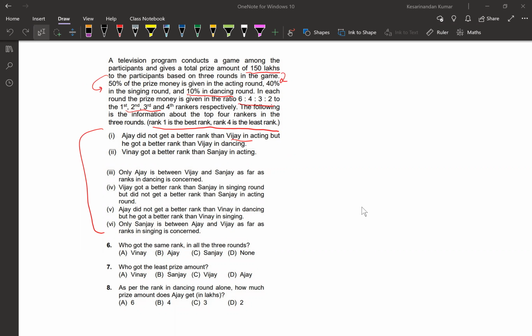Is there another question, Kesari, or are there only 3? No, no, no. This set has only 3 questions.